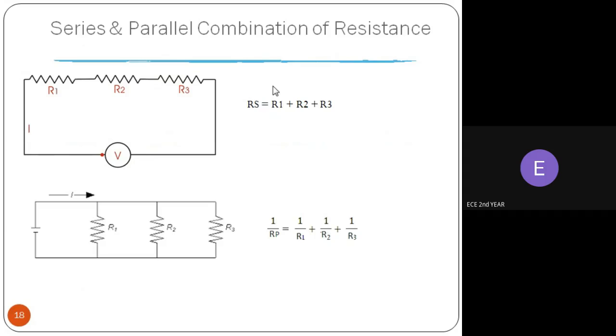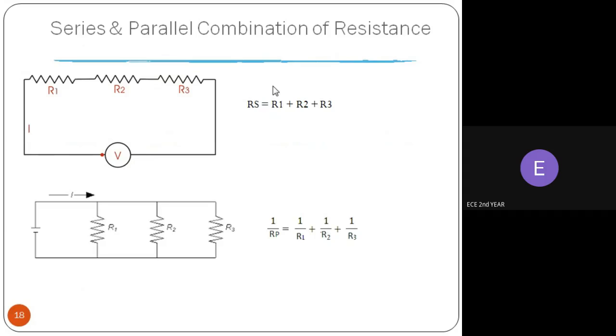The value of total resistance is always greater than the individual resistances.